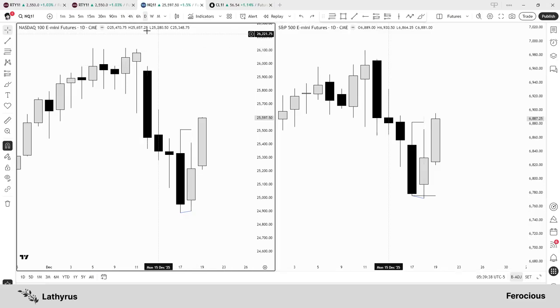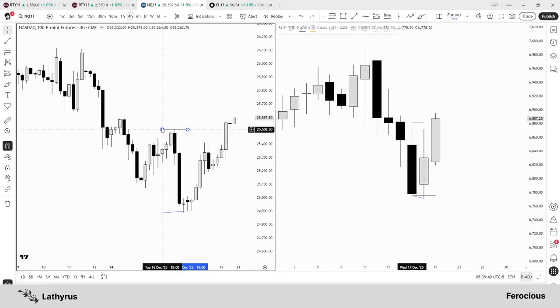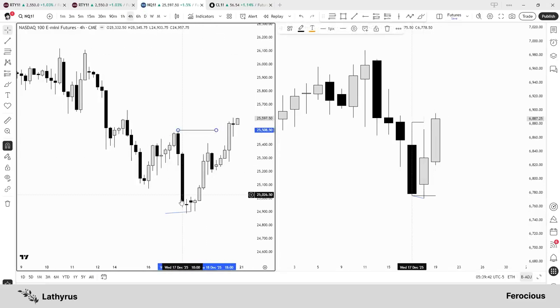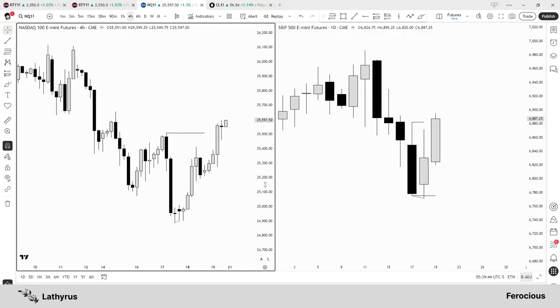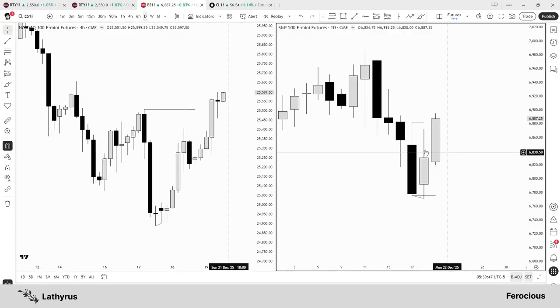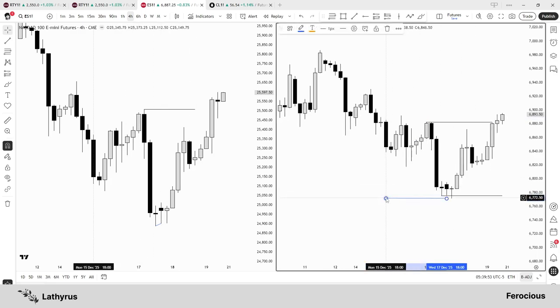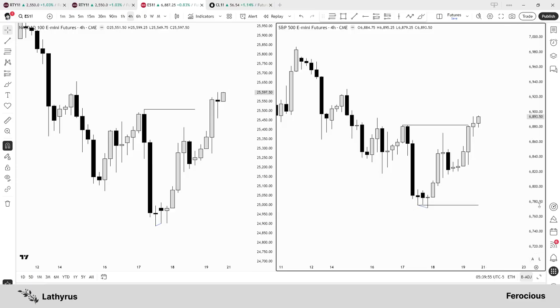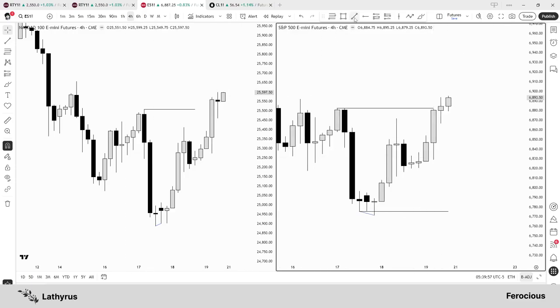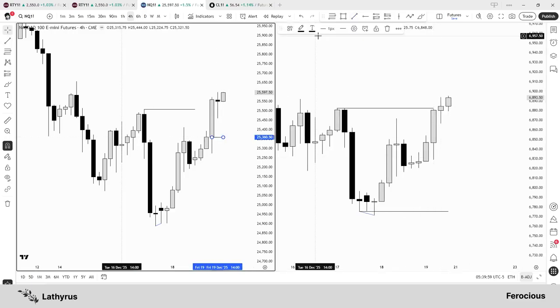So then we look for the 4-hour. What's the 4-hour saying? We already have our daily C3 candle, so we do not need any SMT on the daily, but we can look for an SMT on the 4 hour, right? So this is the 4 hour, and what can we already see? This is the 6 a.m. candle here, 6 a.m. open.